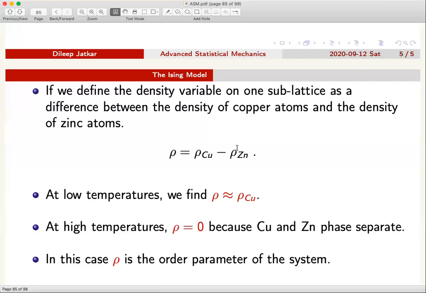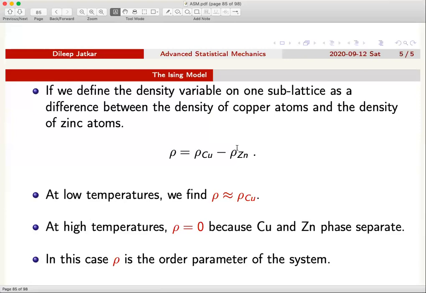Can you repeat why at low temperatures rho is approximately rho Cu? Okay, so what we are doing is the following: you look at the lattice in this way, that you have a cubic copper lattice, and zinc is sitting at the center of the cube. Is it fine? Yeah. Okay, so now if you are at 0 temperature, then the lattice is in the perfect state.